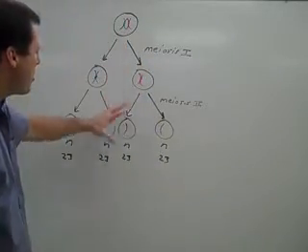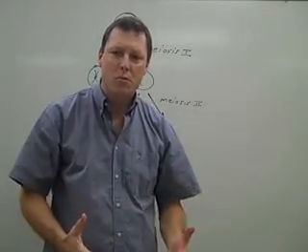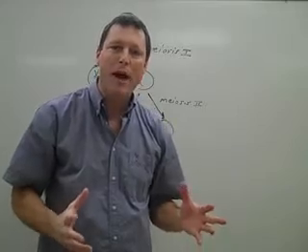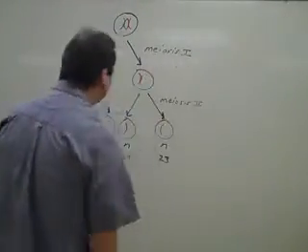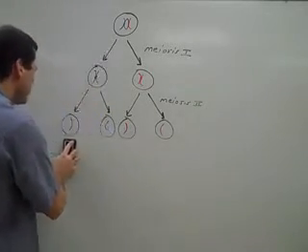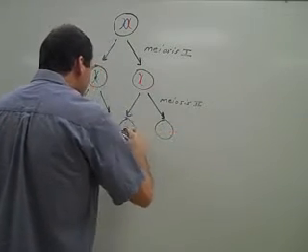Now we're going to compare this with abnormal meiosis, or nondisjunction, when the chromosomes do not separate properly. Let's go ahead, and I'm going to erase some of this information. We'll keep our cells there.